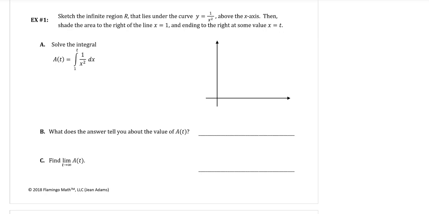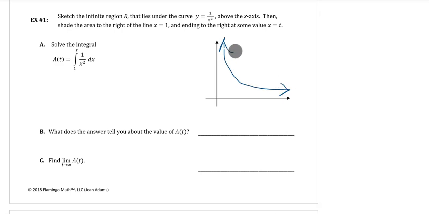We can do the same thing on the other side of the y-axis, but it'll look the same, so there's no reason to do both sides. So 1 over x squared looks something like this, at least the positive part.